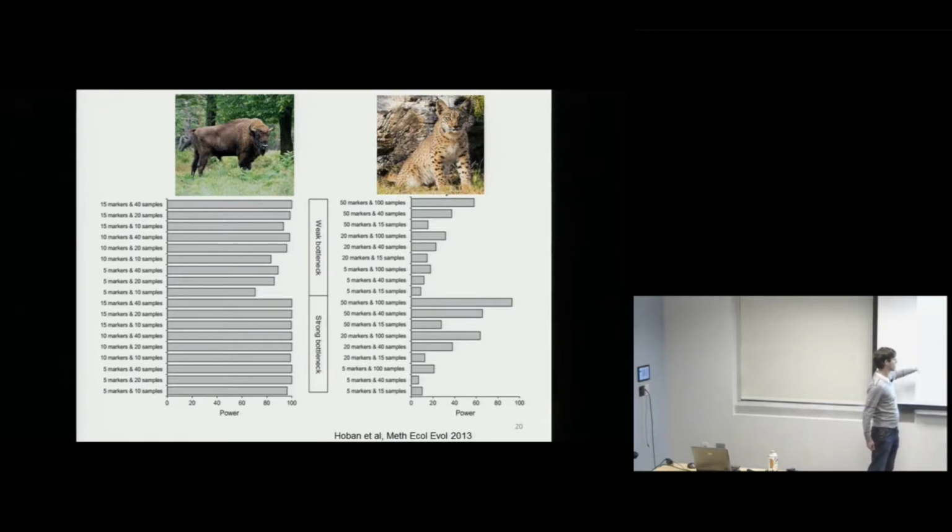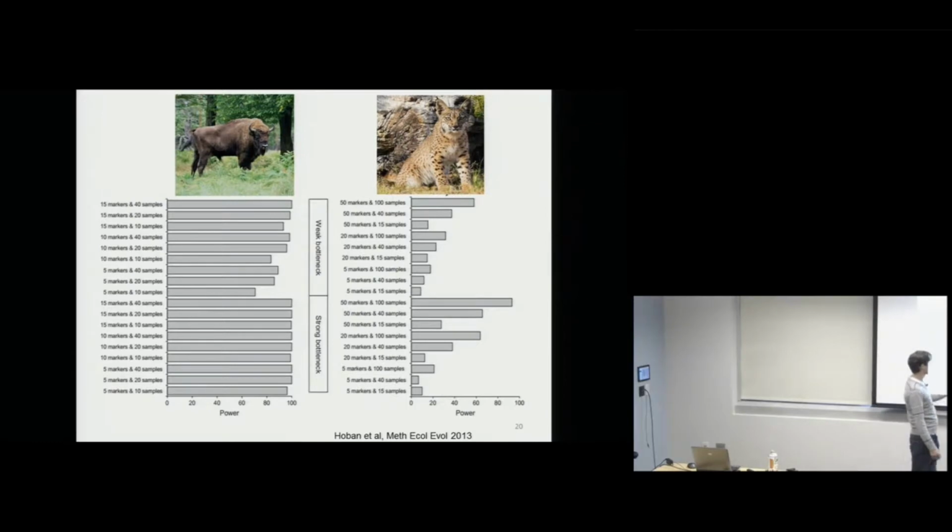We see that for the bison, under a strong bottleneck history, all of the sampling strategies have great power. Under the slightly weaker bottleneck, a different demographic history, we still see that most of them are performing quite well.